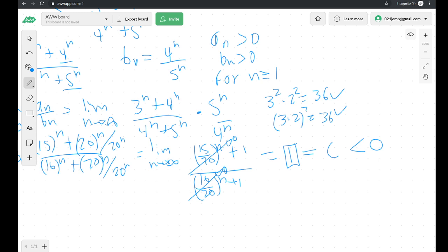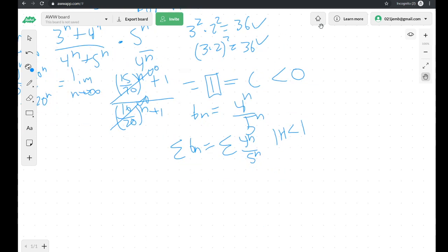So we know the convergence of b_n. If b_n is 4^n over 5^n, and the sum of b_n equals the sum of 4^n over 5^n, we know that this is a geometric series with absolute value of r less than 1, right? So when that happens, we say that it converges to some value. So this sum of b_n converges. Therefore, the sum of a_n converges as well. So that will be the answer.